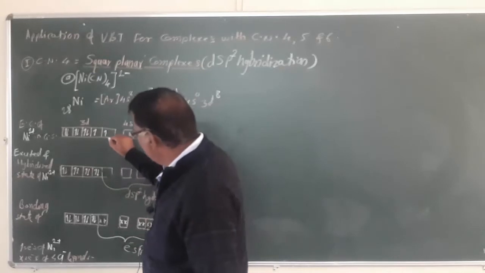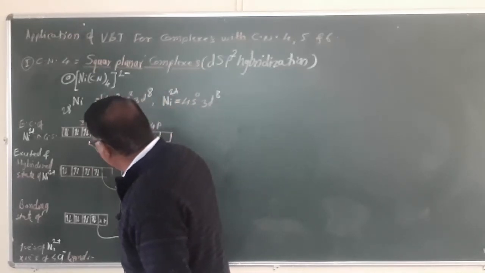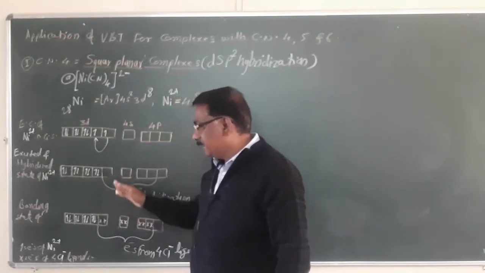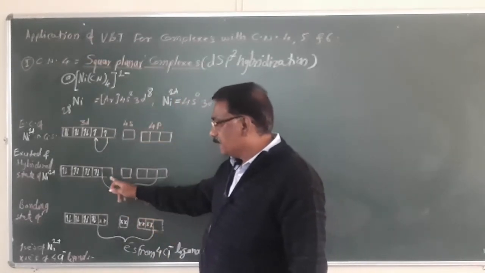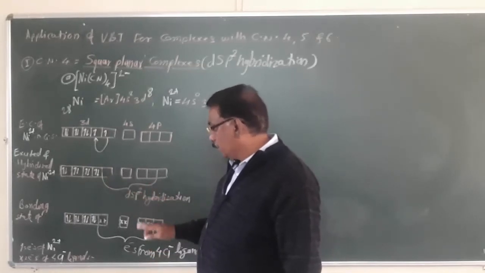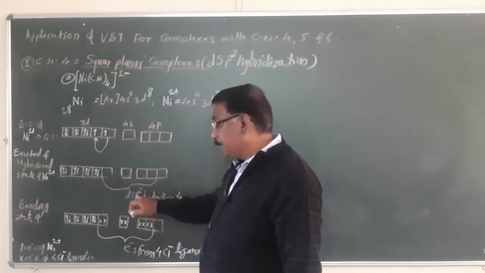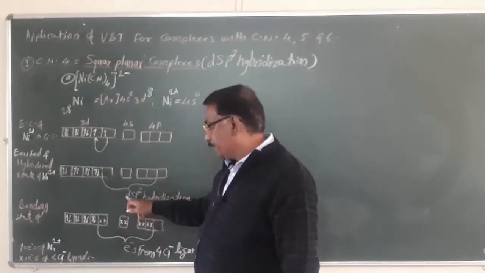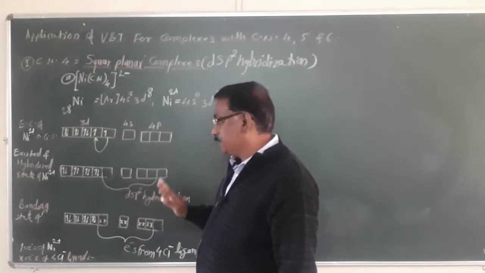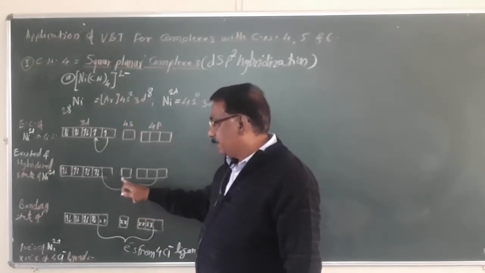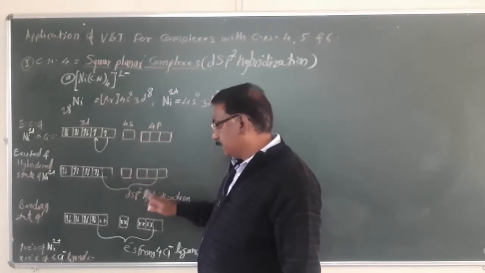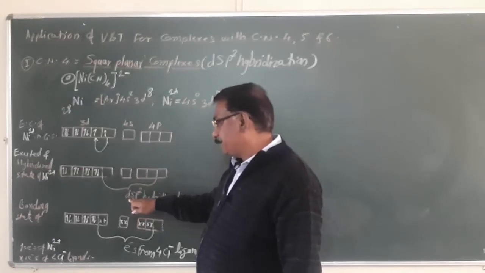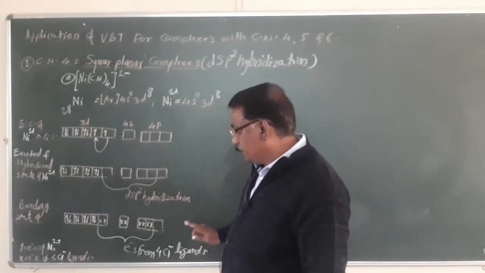So one of the electrons from 3d gets paired here and it shows the excited state. In its excited state, this orbital is empty, and now it undergoes dsp2 hybridization. Here one d orbital, one s orbital and 2 p orbitals undergo hybridization. Then it shows the bonding state.